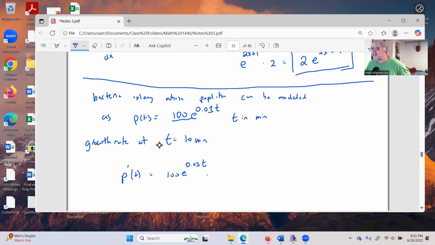What is the derivative of 0.03 t with respect to t? That's just going to be 0.03. We can clean this up a little bit: 100 times 0.03 is just going to be 3 e to the 0.03 t. That's my growth rate. And then we have to plug in t equals 10 minutes.